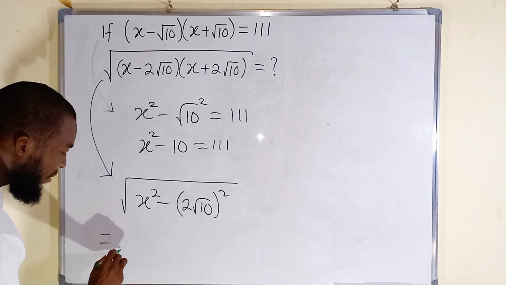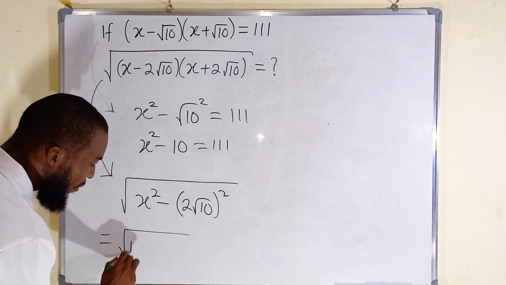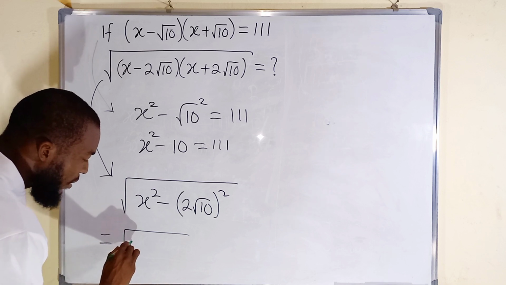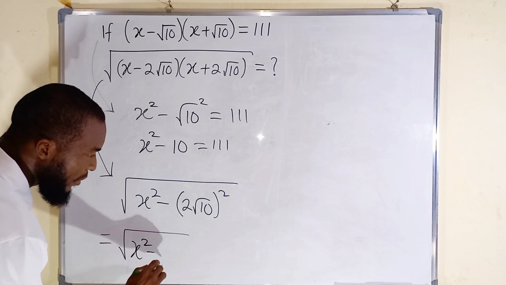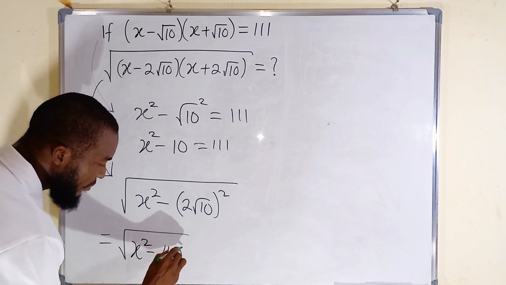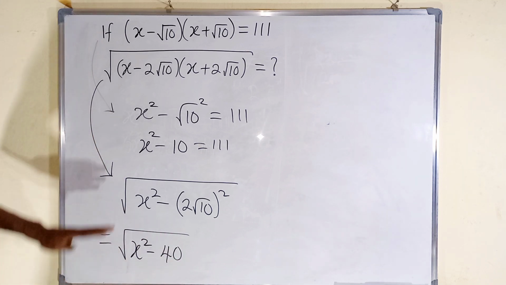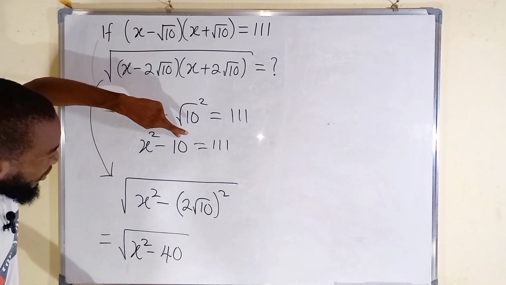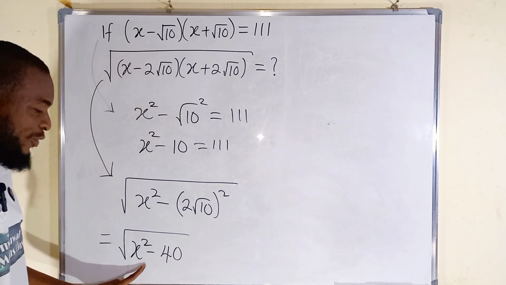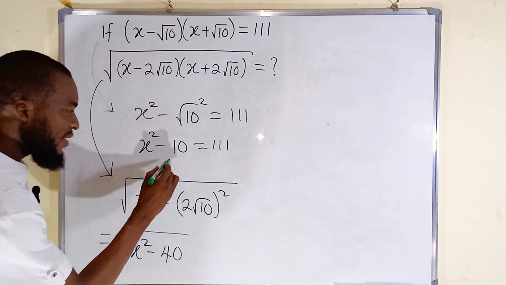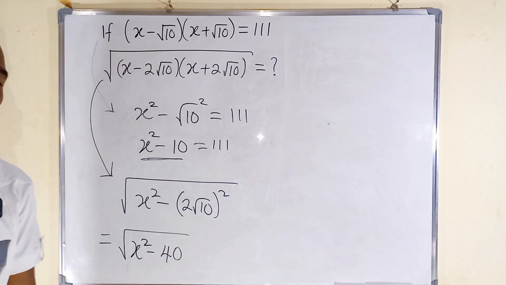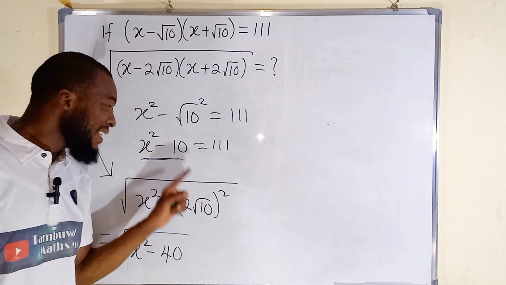This can be written as the square root of x squared minus 40. So observe, we have x squared minus 10 here, but we have x squared minus 40 here. So how can we transform this into x squared minus 40? By subtracting 30.